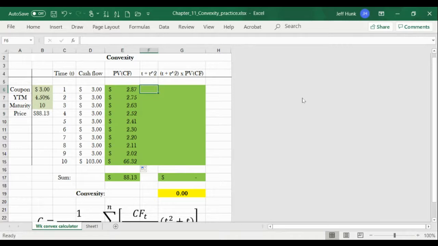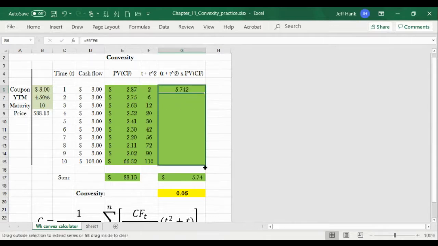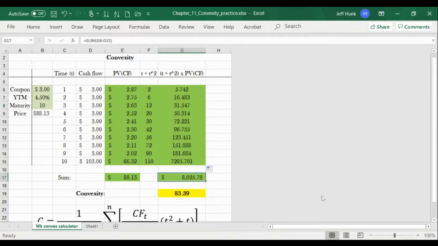Now t times t squared plus t, so it's simply we'll do that. Drag it down, and then the product of the two. And we drag it down, and sum those.